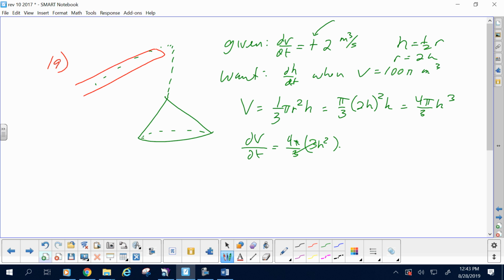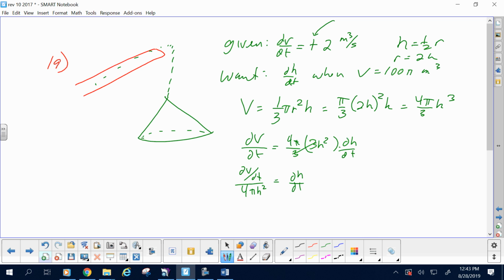What's the derivative of the inside with respect to time? dh/dt, okay. You're differentiating with respect to time, not with respect to h. So you need to be good with your chain rule. 4 pi h squared dh/dt. So isn't dh/dt equal to dV/dt, which is one thing, keep it together, divided by 4 pi h squared?